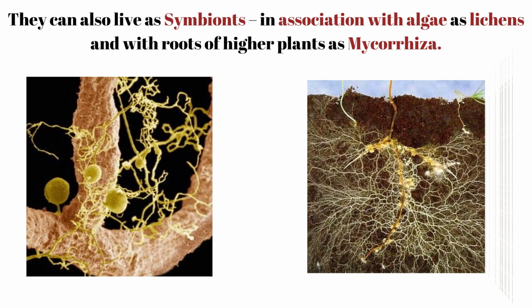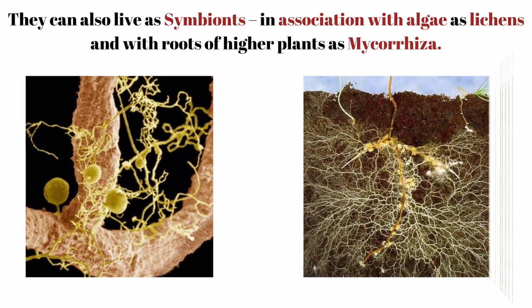They also live as symbionts in association with other organisms such as algae. If they have an association with algae, they are called lichen. If they have an association with roots of higher plants, they are called mycorrhizae. And this association benefits the individual partners.